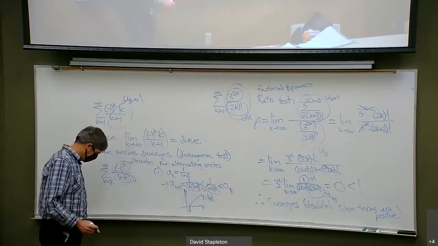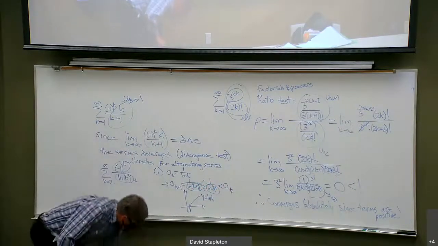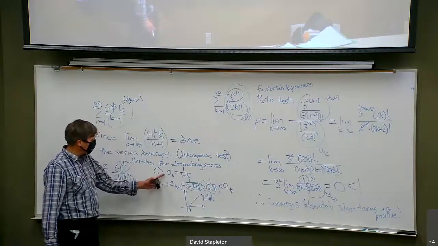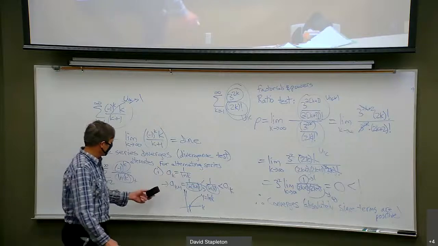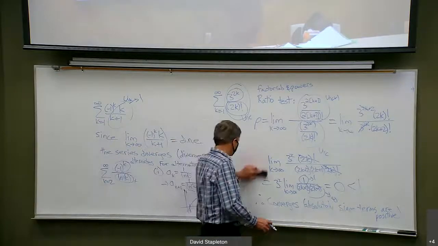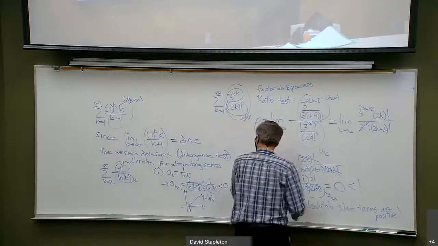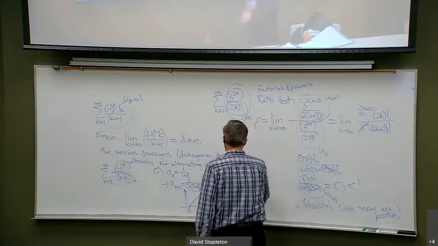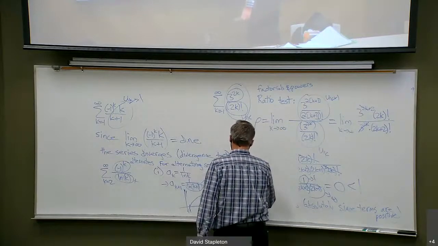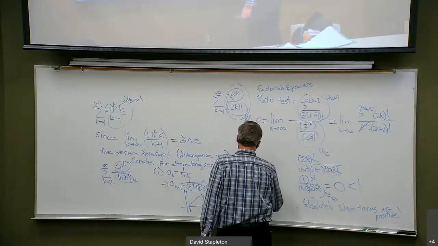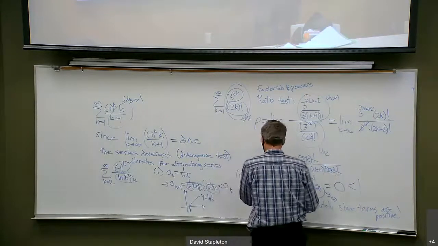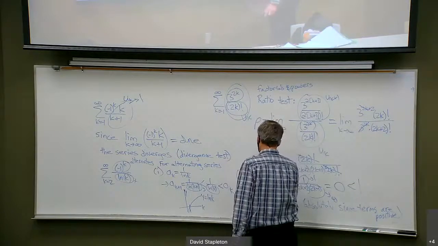So for alternating series, what you want to do to show convergence is check that the absolute values of the terms, a_k, are decreasing, and their limit is 0. That's the other part we need. We take the limit as k goes to infinity of the absolute value of the kth term, 1 over ln k.